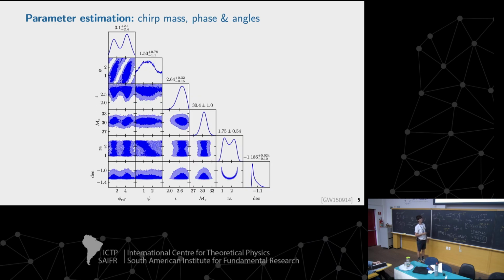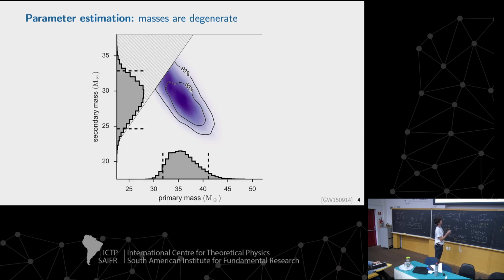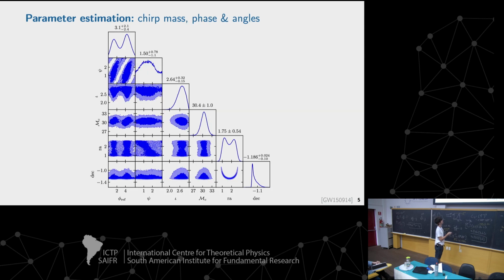And when you include more parameters, this is again for the first event. You see, for example, here, this is the chirp mass. The chirp mass is very nicely constrained. It has an error of about 1 solar mass. But then you can have other parameters which are highly correlated with each other.